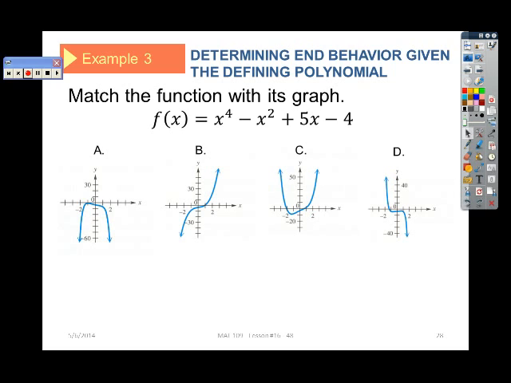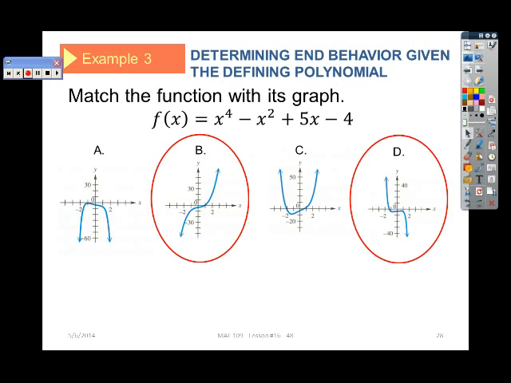The way you do that is you look at that highest degree term, fourth degree. 4 is an even number. Even degree functions, both ends have to go the same way. So we can immediately eliminate this one and this one. No, those can't be it.